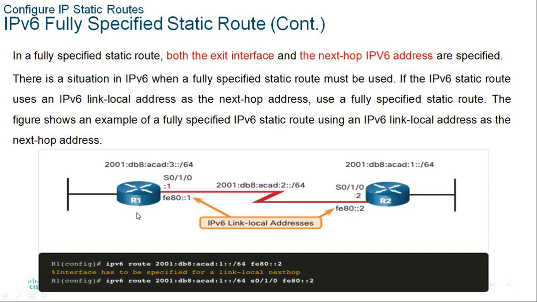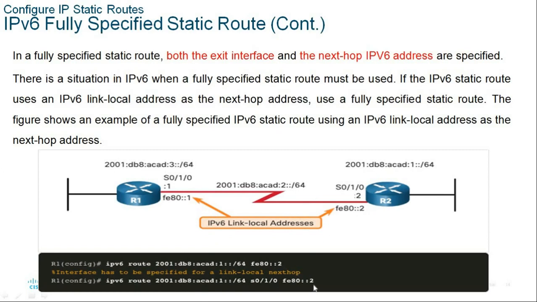See here, this is the R1 network. So I want to reach this remote network here, 2001:DB8:ACAD:1:: slash 64. The exit interface is serial 0/1/0 followed by the next hop FE80::2.